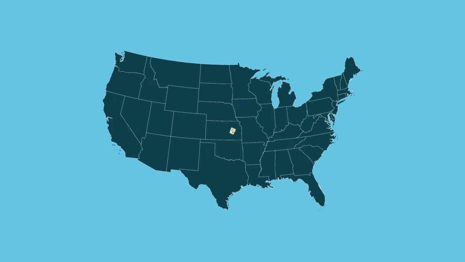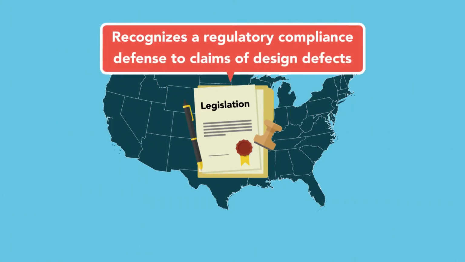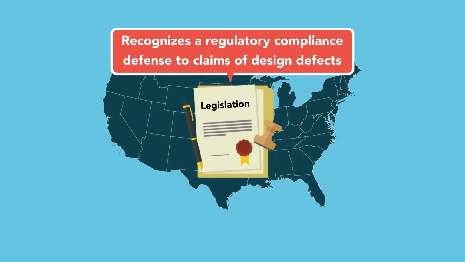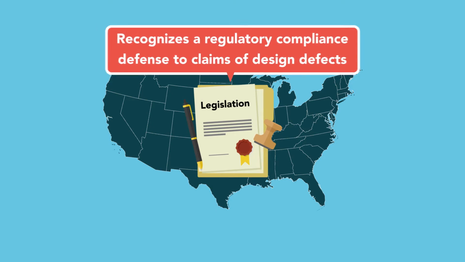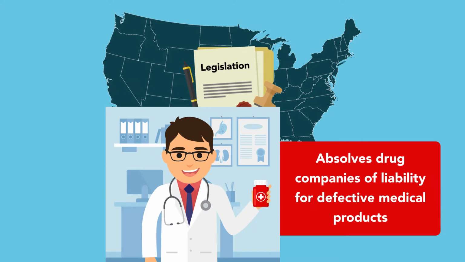In this vein, some jurisdictions have passed legislation that recognizes a regulatory compliance defense to claims of design defects. This legislation absolves drug companies of liability for defective medical products if the drug or device in question has been approved for use by the FDA.